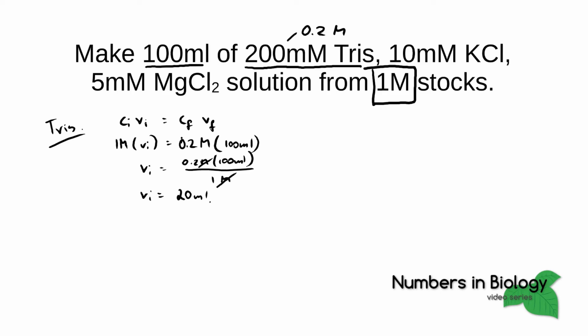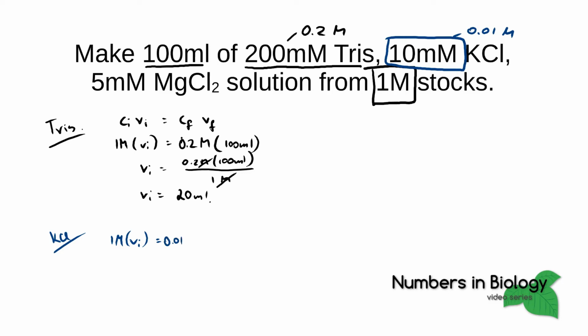And then you're going to take your KCl. Potassium chloride calculation. Again, same idea. Your initial concentration is 1 molar. VI is what you are solving for, so we don't know that one. Your final concentration, in this case, is going to be 10 millimolar, which is the same thing as 0.01 molar.